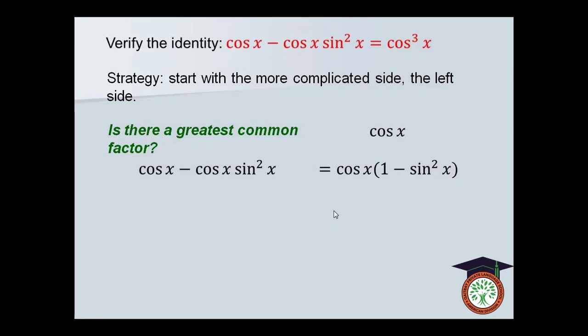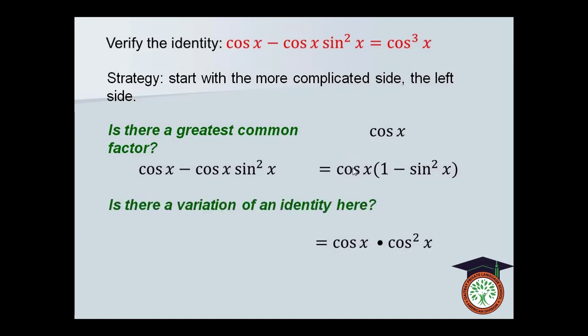So what next? I can say that this is an identity rule, because we know that sine power 2 plus cosine power 2 equals 1. So we can say that 1 minus sine power 2 equals cosine power 2. So cosine x, I will write it as it is. And we know that all that is inside the bracket here equals cosine power 2x.